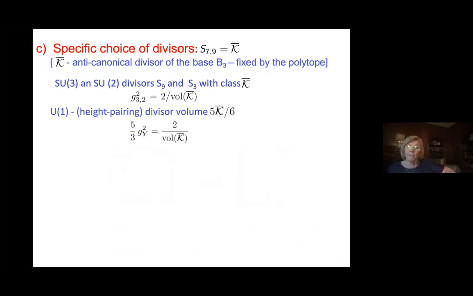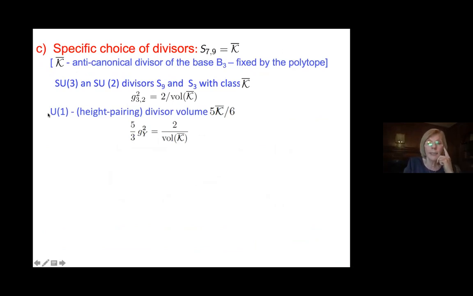As a next step, instead of choosing arbitrary S7 and S9 divisors, we choose a special one, which is choosing them to be equal, to be in the same class as anti-canonical divisors of the base. And this is the same for all the polytopes. It's the same for all the triangulations of a specific polytope.